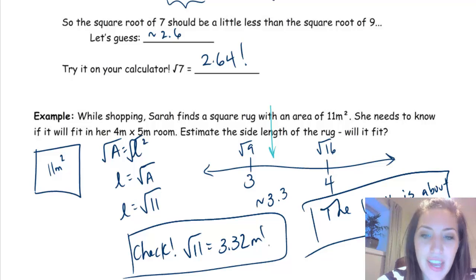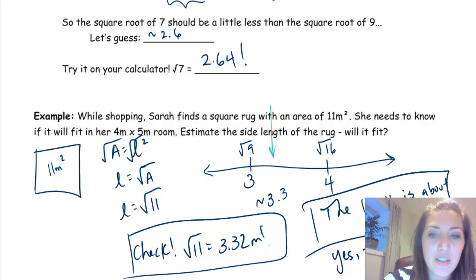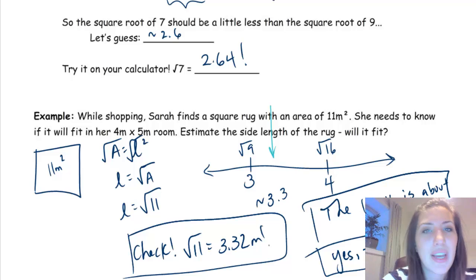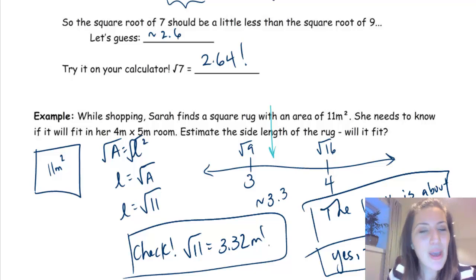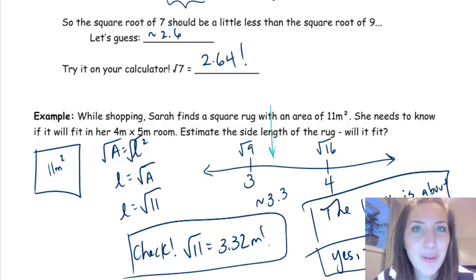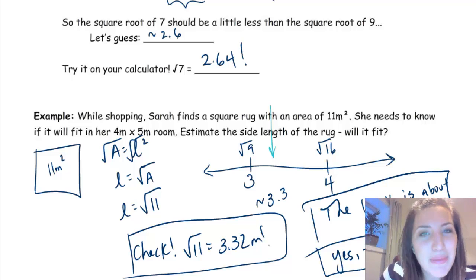Yes, the rug will fit, because their room is 4 meters by 5 meters, so that's bigger than 3.3 meters. Amazing. Well, now you know how to estimate square roots if you don't have a calculator on you or it's broken. So please come to class prepared tomorrow to practice this a little bit more.